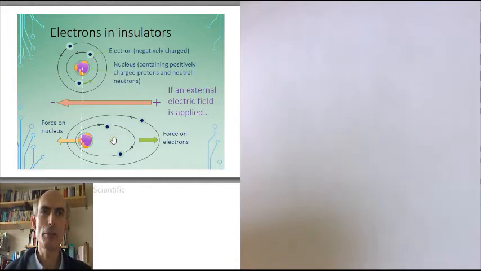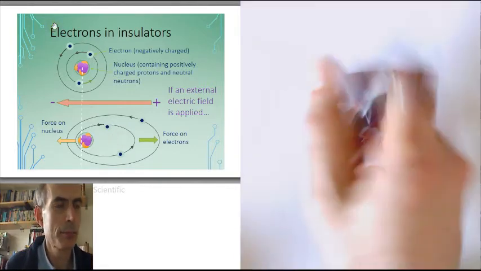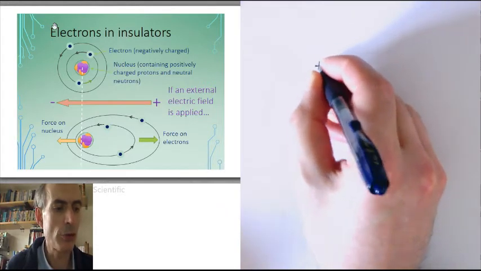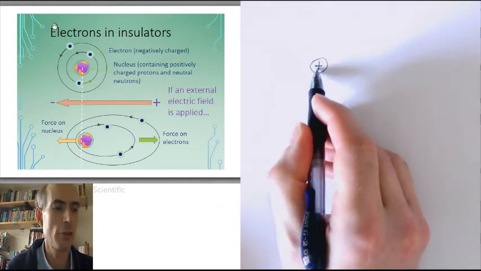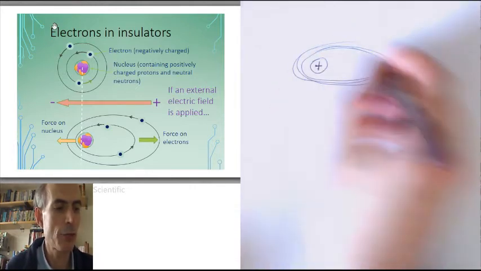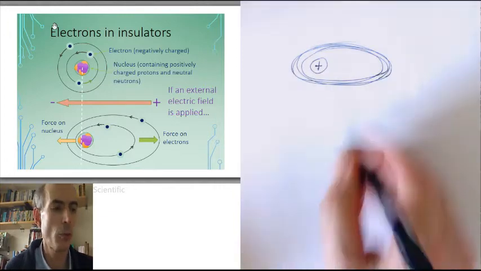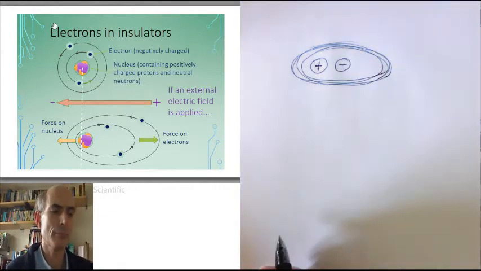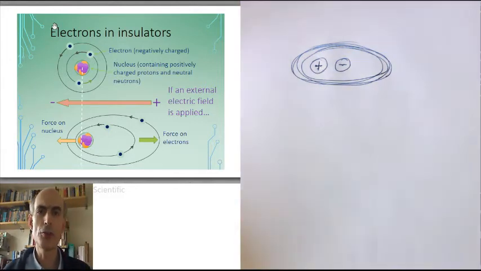So we end up with an atom which has an average positive charge at the nucleus and an average negative charge at the centre of the electron's orbits, which is some little distance away. In other words, we've got a dipole.